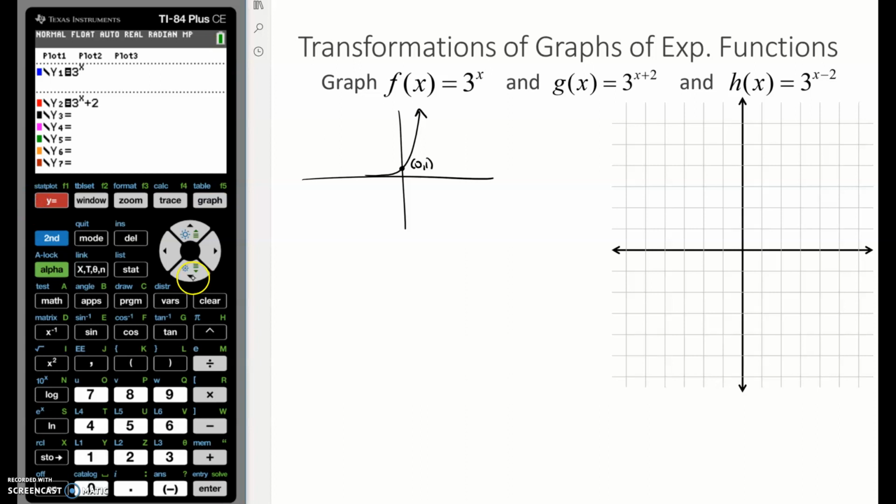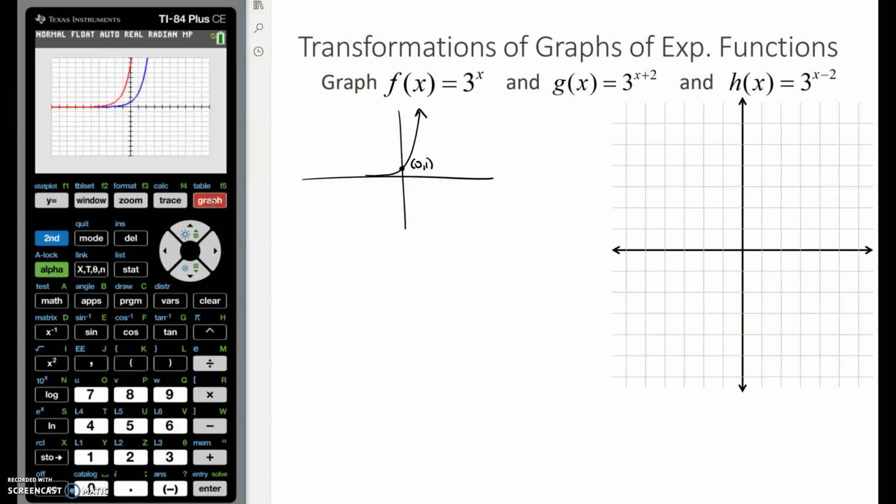If I take away the plus 2 and up in the exponent, I add a plus 2. Some of you might assume it's going to go right 2. Close. It actually moves left 2. So left 2, we'd have this point and this point.